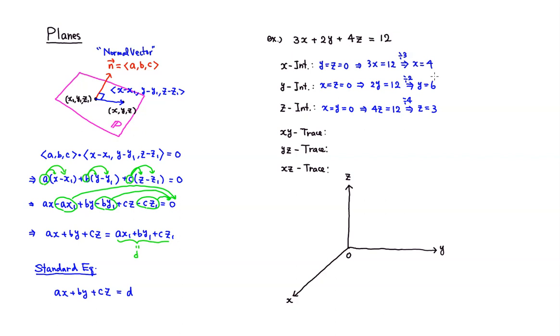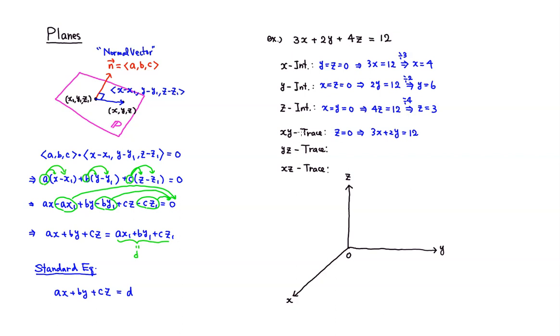And we can do traces too. As you remember, if you want the xy trace, the xy plane equation is z equals 0, right? So you're going to get 3x plus 2y is equal to 12.